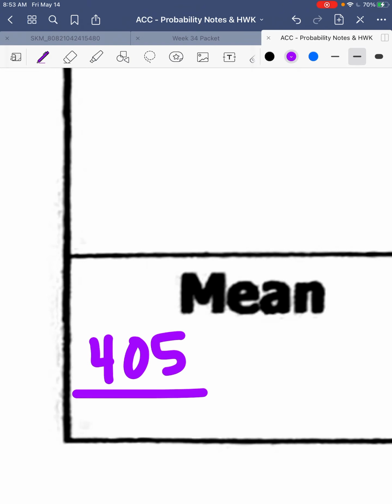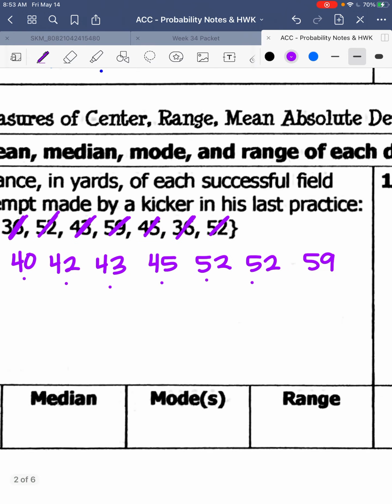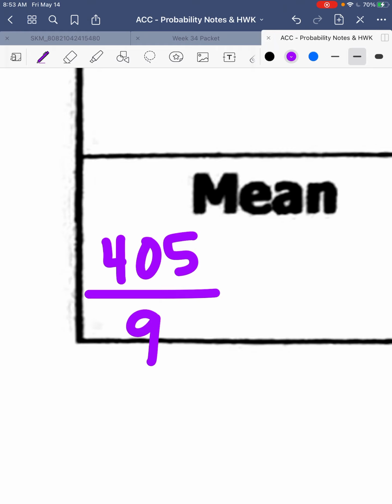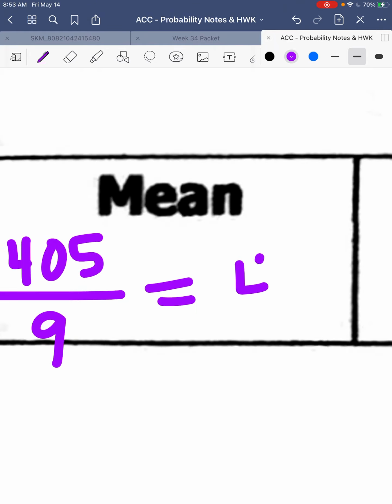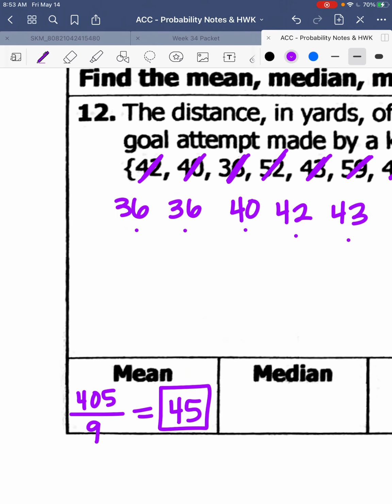And I'm going to divide that by the number of terms I had. So I've got 1, 2, 3, 4, 5, 6, 7, 8, 9 terms. So I'm dividing 405 by 9. So 405 divided by 9 is 45. So my mean is 45. Think of your mean as your average.